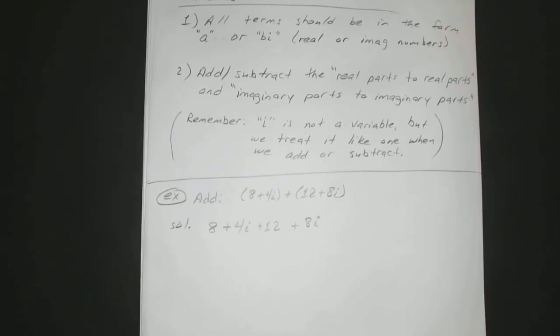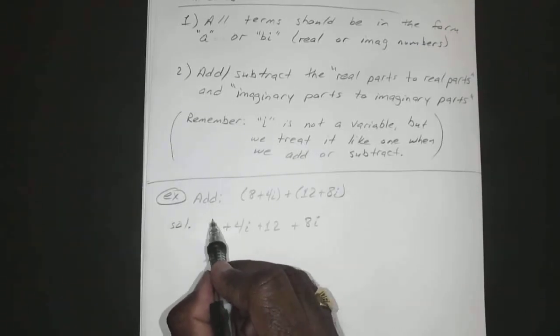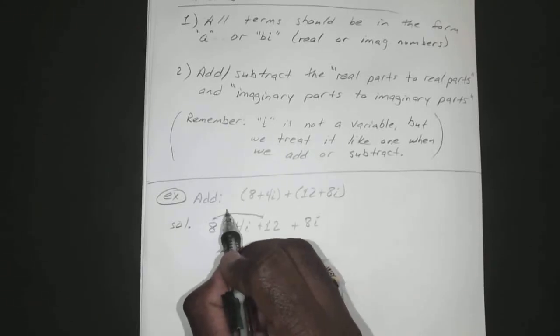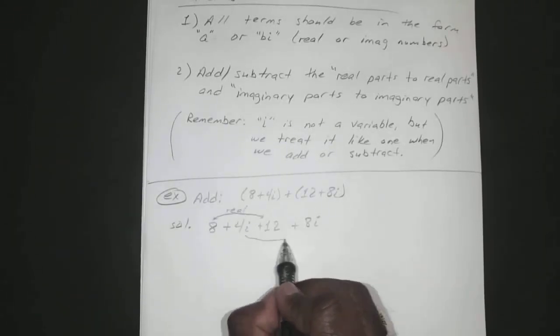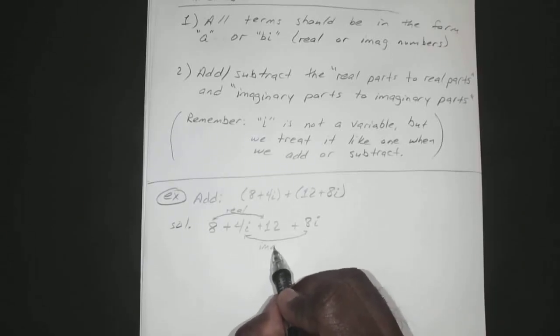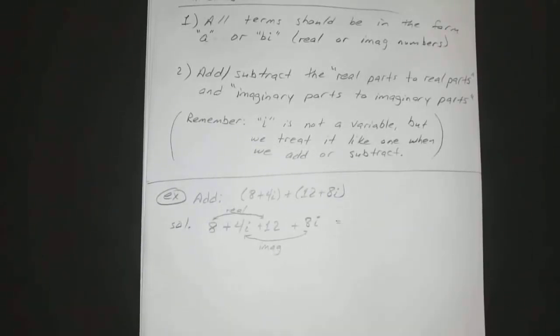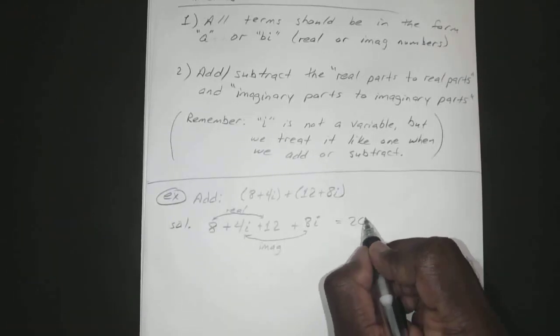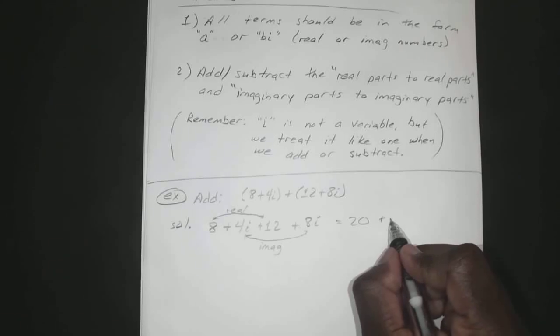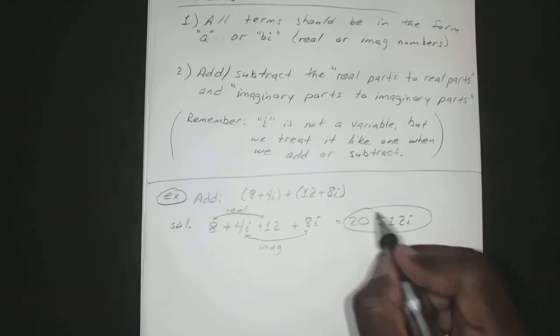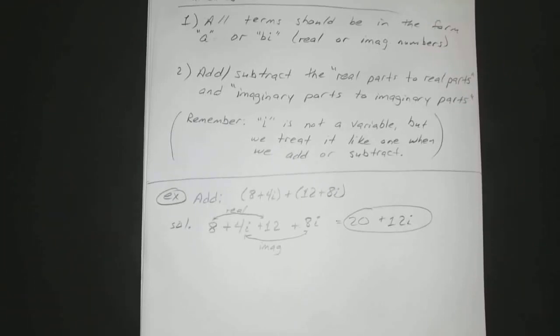The same way you would just have 4x plus 8x, you add your real parts and you add your imaginary parts. Okay, so we have 8 plus 12, which is 20, and 4 plus 8 is 12, so 20 plus 12i. Like I say, do it just the same way you would if it was a variable. So that will be the final answer, or can we take out the common multiple? Oh, nope, you just leave it like that.